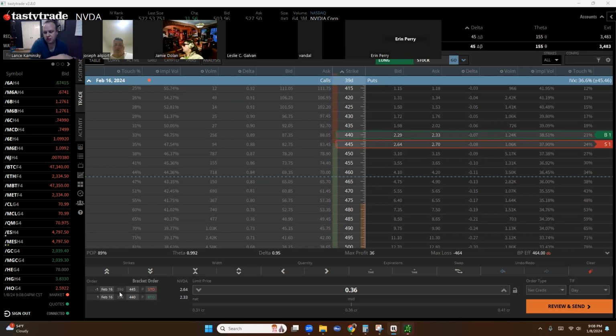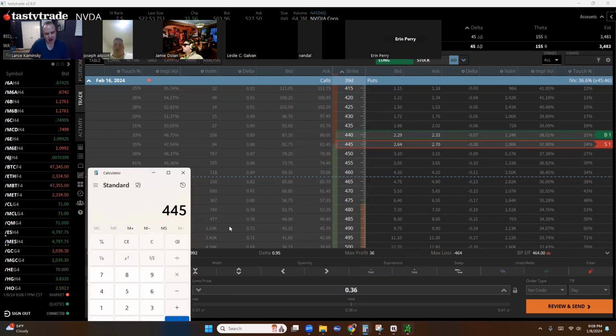The issue is if you wanted to just sell the 445 put, it's going to need 100 times that number, because options involve 100 shares of stock. So you're going to need 445 times 100, or $44,500, just to sell one put.